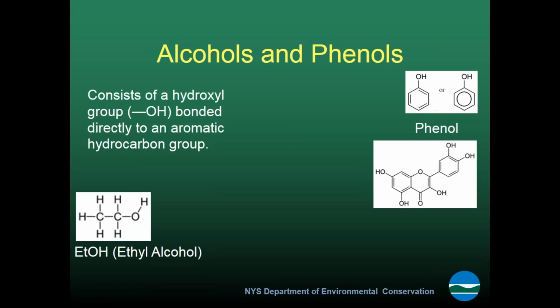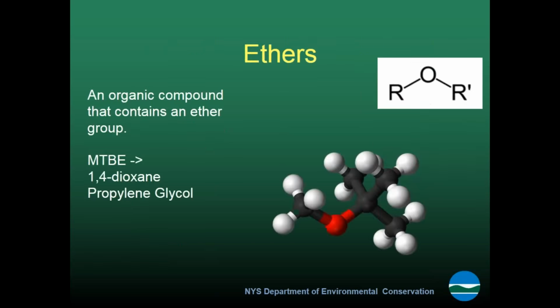Briefly mention a couple other organic chemicals, but those are the principal organic chemicals that we work with in the remediation field. You do have some alcohols and phenols. Phenol is definitely something we come across on occasion. That's simply this group of chemicals are aromatics with a hydroxyl group added on to it in various ways.